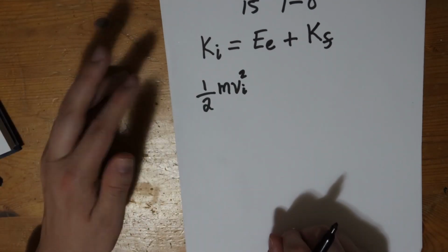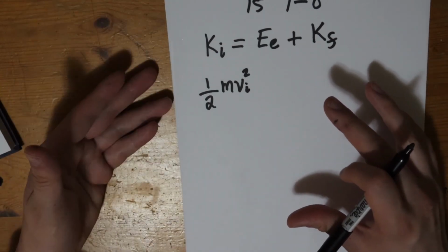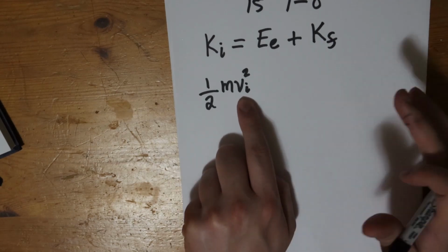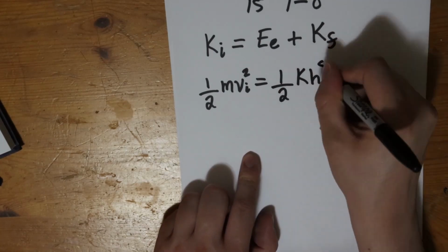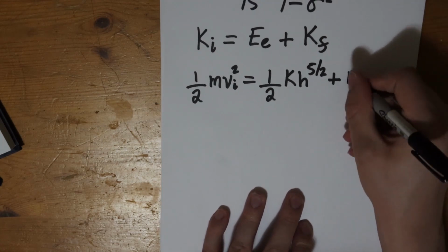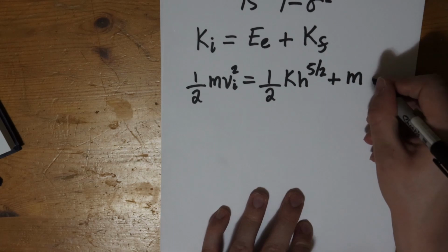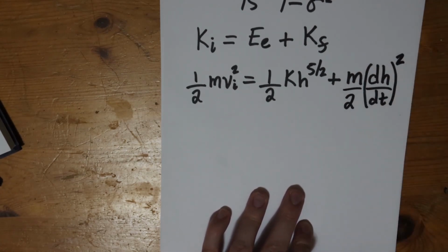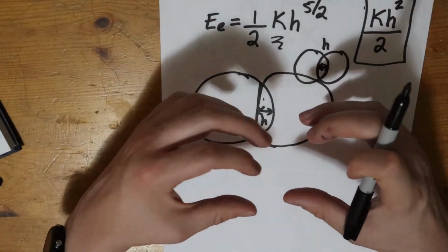So again, you know what the elastic energy is, and you want to figure out what is the value of h. So you replace all the terms, and the final kinetic energy is (dh over dt) squared times m divided by 2. And from that, where h is that value again.